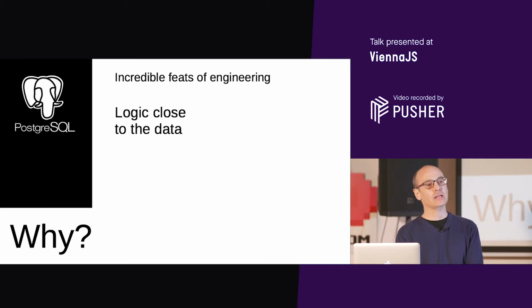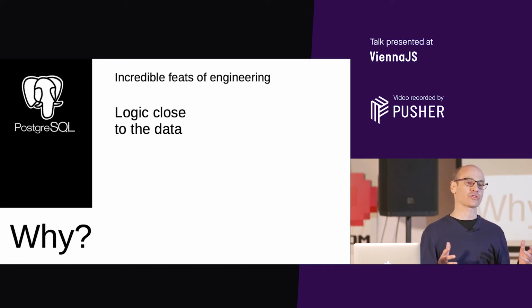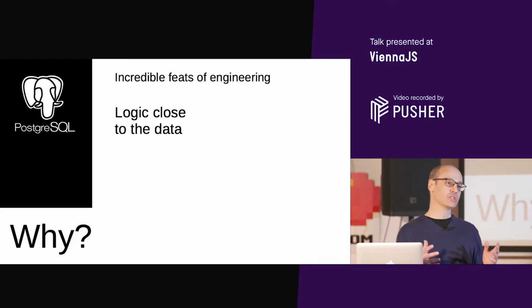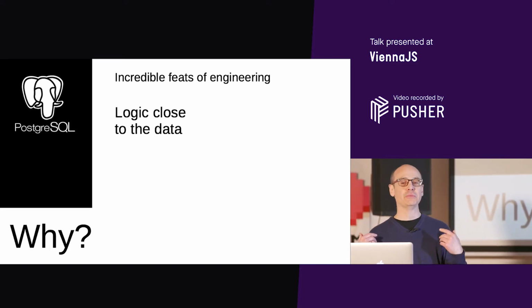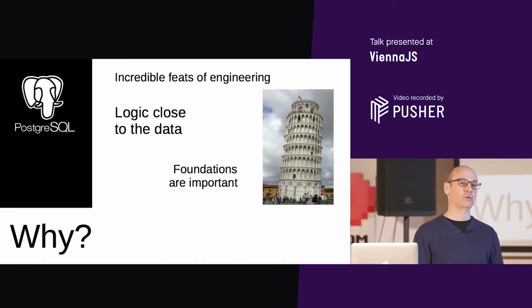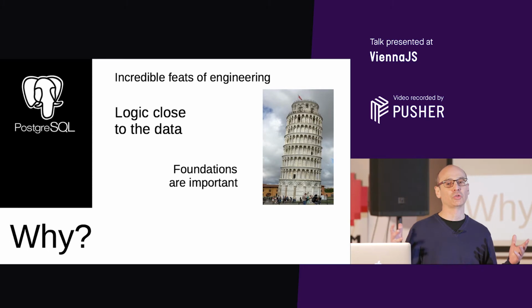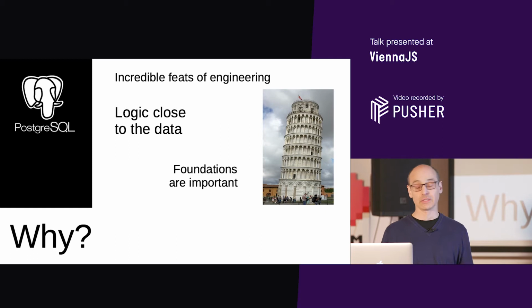Second point is that in a lot of occasions, especially when you have complex data structures and the relationships between those data structures are very complicated, having the logic as close as possible to the data allows you to have some forms of optimization that are really not possible with ORMs. And at the end, the data is the foundation of most applications, the basis on top of which everything is built, and foundations are important.